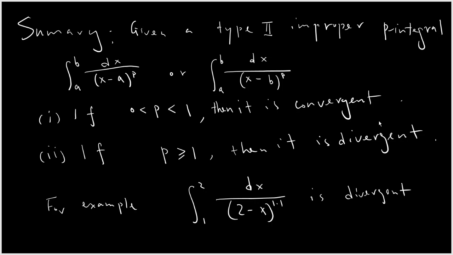I'm not sure it's very necessary or not, but I'm going to include two other forms. One other form is, from a to b, you have dx on top. On denominator you have a minus x to the power of p. It's something like the question I just showed you, right?